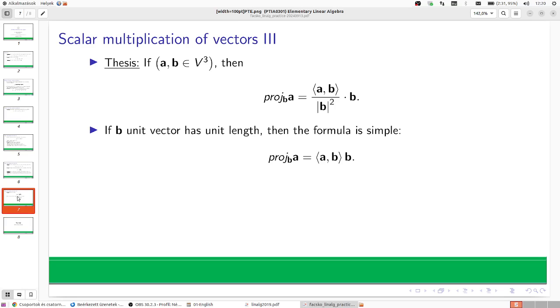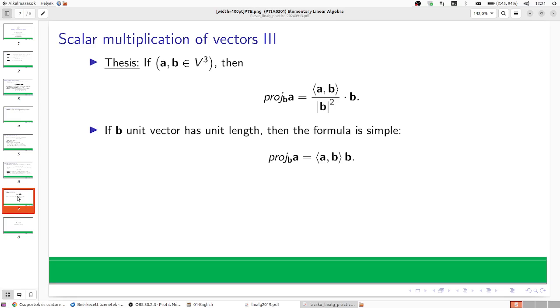What was the projection? The A vector's projection to the B is that's A, that's B. You made this projection.